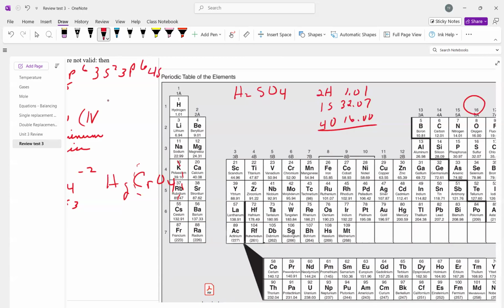Yep, exactly right. And that's grams per mole. And that is the molar mass. So that's our conversion factor, going from grams to moles, moles to grams.